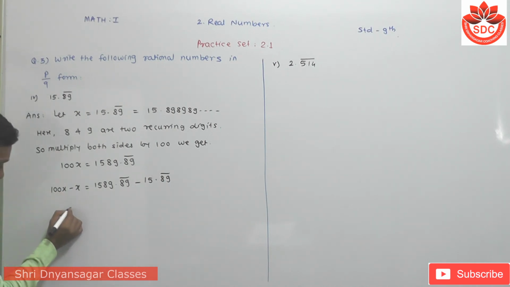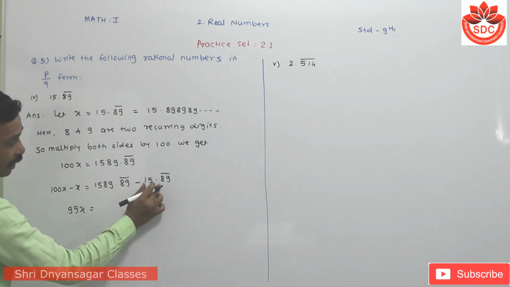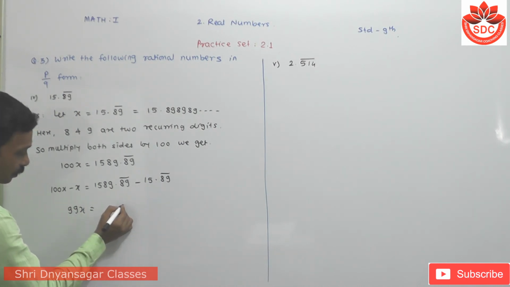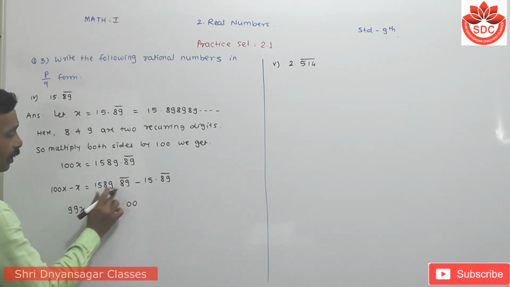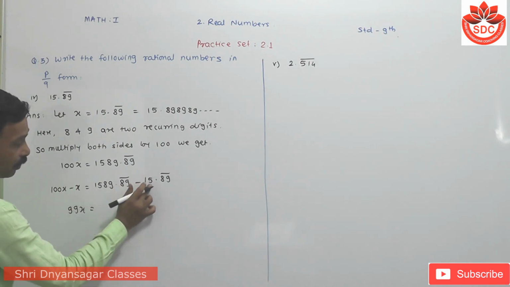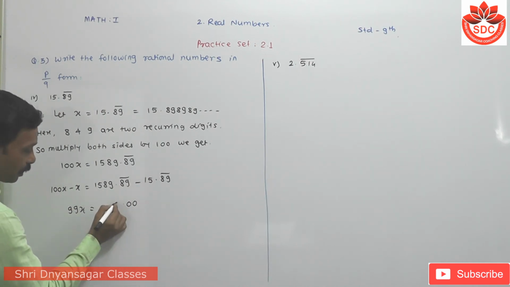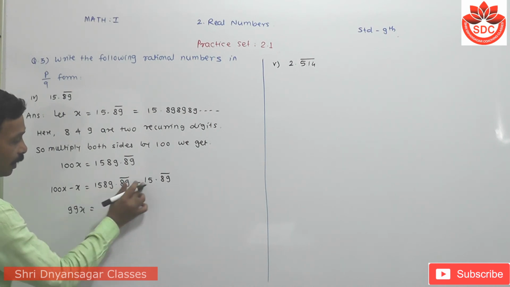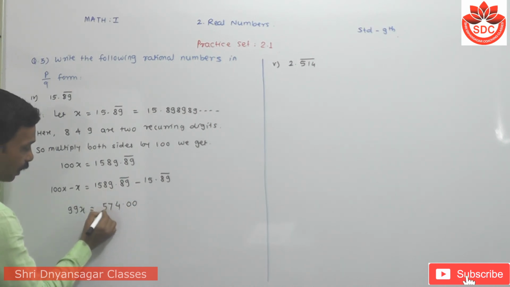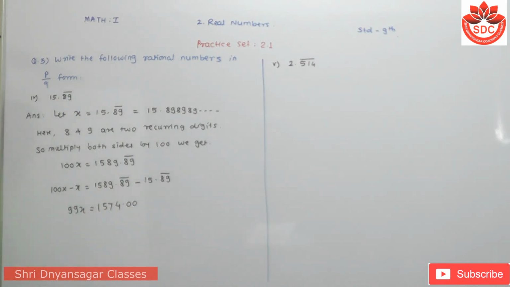This subtraction gives 99x is equal to, the 89 bar converts to 0.00. Then look carefully, from this 9 we subtract this 5, it becomes 4. Then from 8 minus 1, it becomes 7, and 5 minus 1 is 4, so 1574.00.